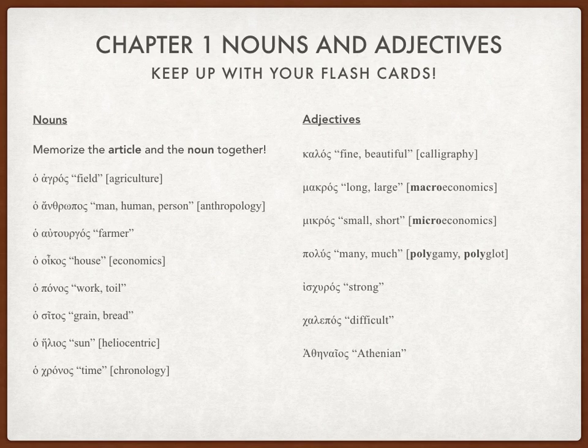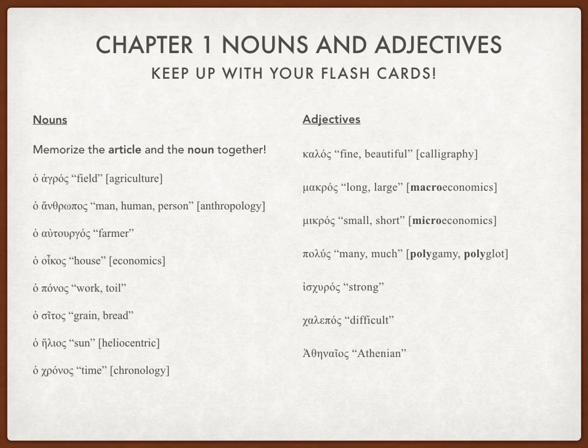Next one, ho oikos, oikos. We saw the verb for this, oikeo, to live. If you live somewhere, you live in a house. Oikos, house, root for economics. Ho ponos, easier to pronounce. Ponos is work, toil.